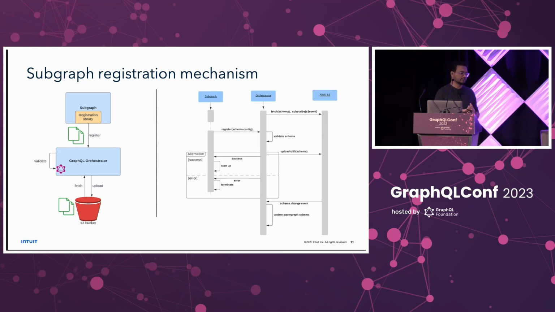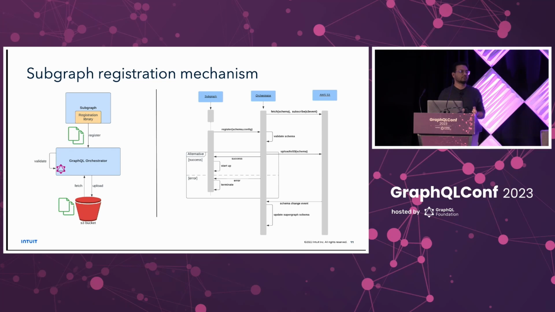I've highlighted this in detail in the sequence diagram, where the orchestrator starts up and takes the file schema persisted on S3. Now the subgraph comes in and validates the schema. On success, the subgraph will proceed with startup. On failure, the subgraph fails the startup.